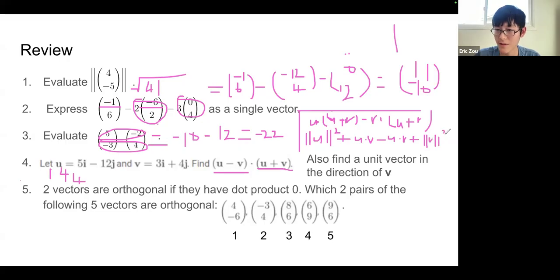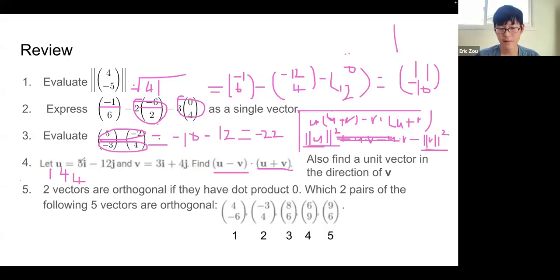We look at the u dot v's, they cancel. Oops, I'm sorry, this is negative. So the u dot v's cancel. And the answer will be u norm squared minus v norm squared.